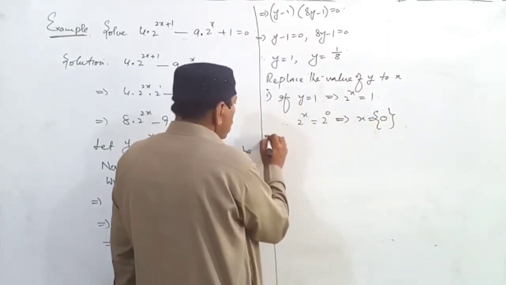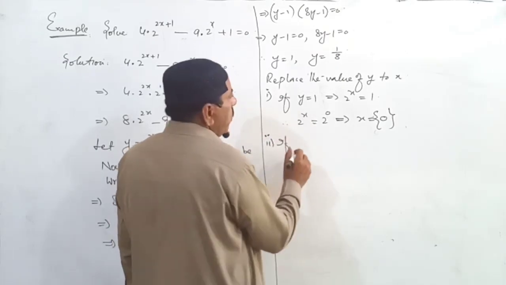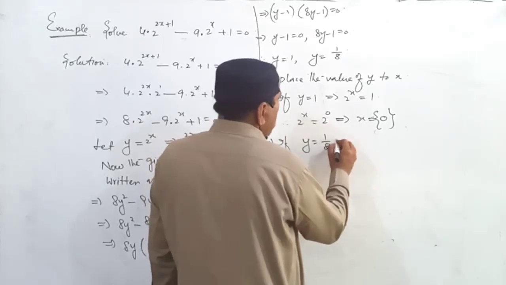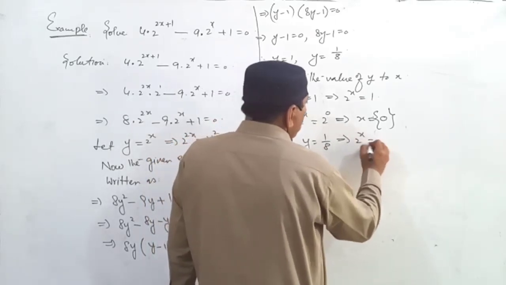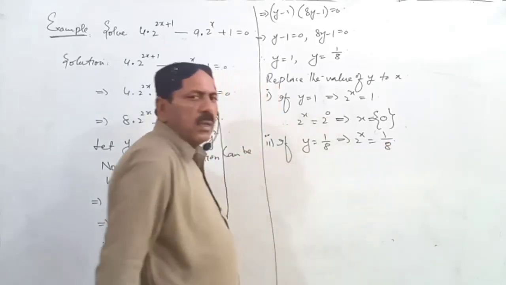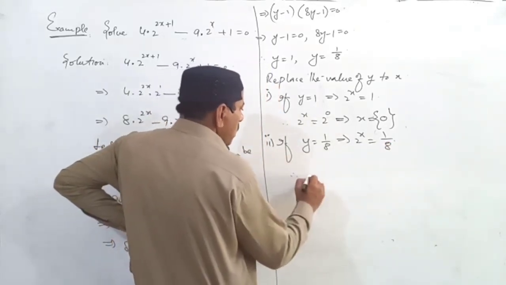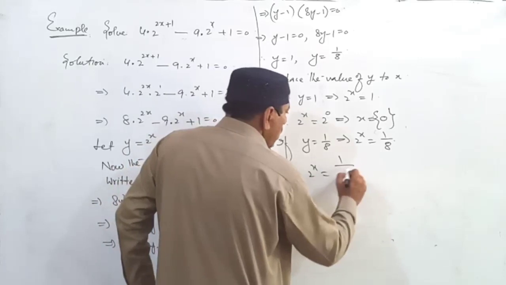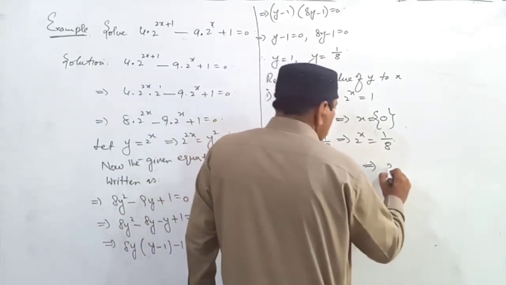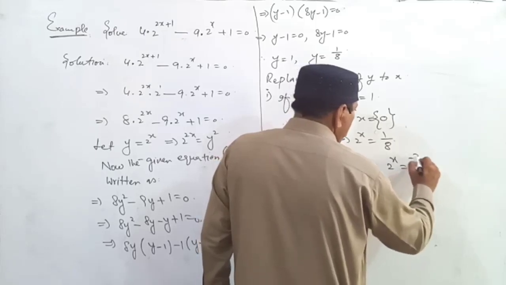Number 2, if y is equal to 1 upon 8, it implies that 2 power x is equal to 1 upon 8, or 2 power x is equal to 1 upon 2 cube. Also it implies that 2 power x is equal to 2 power minus 3.